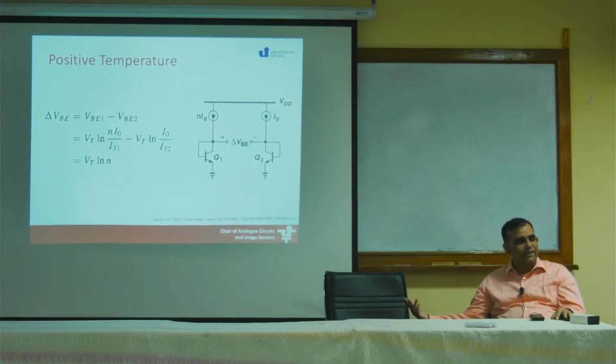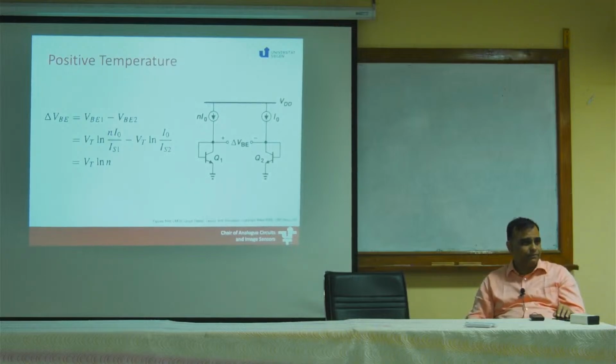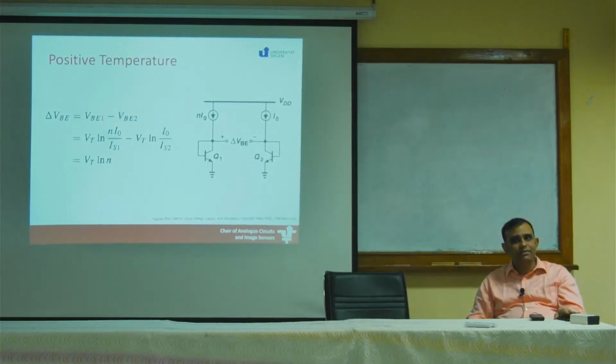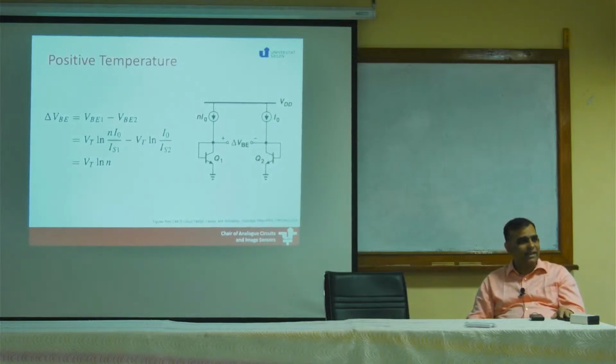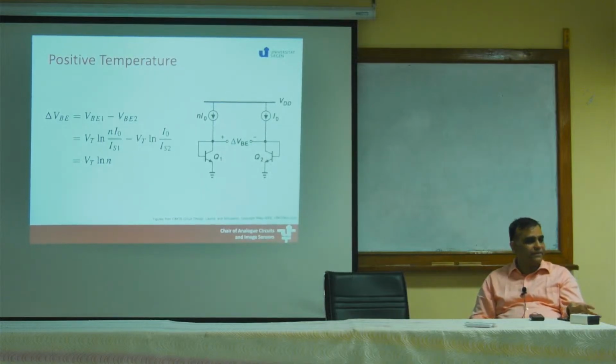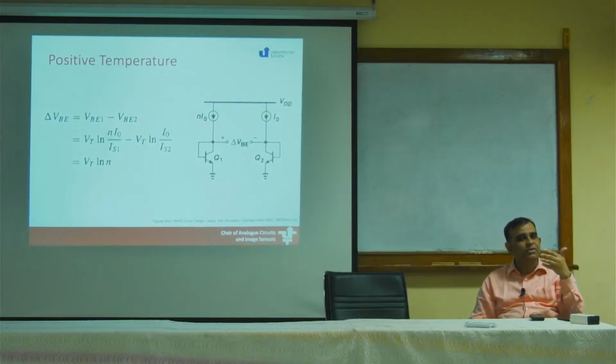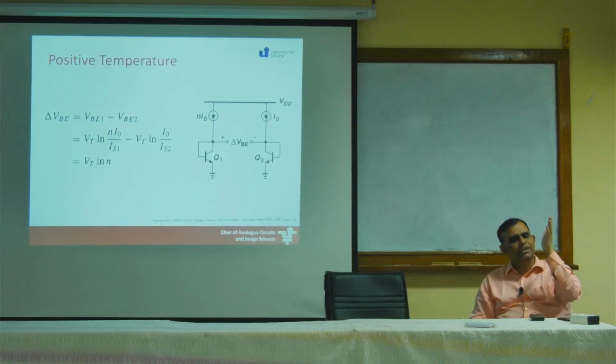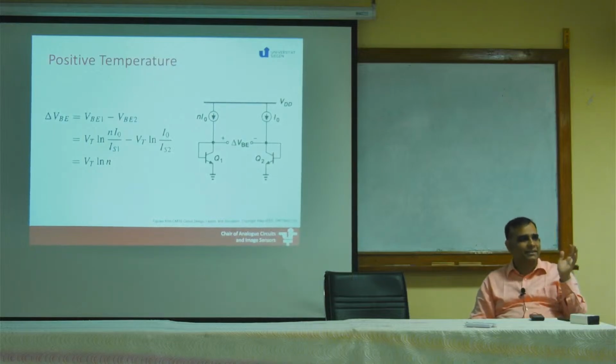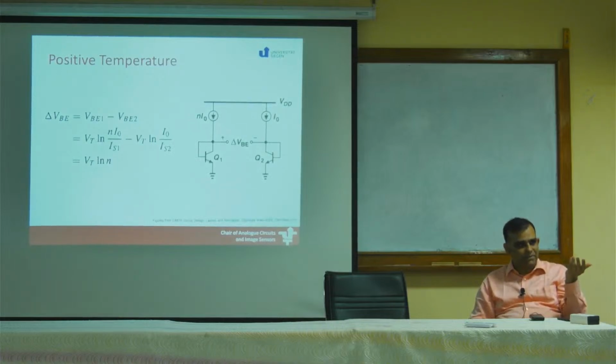If I take the difference of these two, then I naught will cancel out, Is will cancel out, and all I will get is Vt log of n. Now, Vt was also temperature dependent, it was kT by q. It was directly proportional to the temperature.